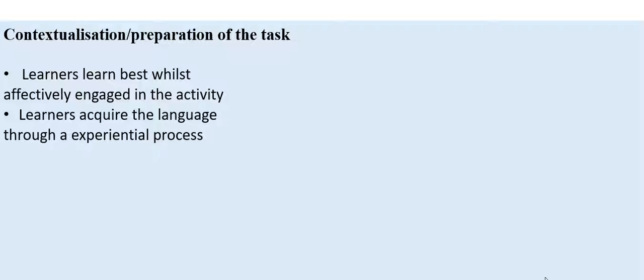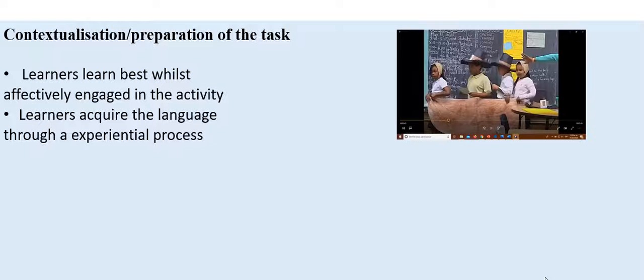Learners acquire the language through an experiential process. And this is very clear, right? Children were completely engaged in the activity. They lived the experience. They were not passive. They were actively engaged in the activity.